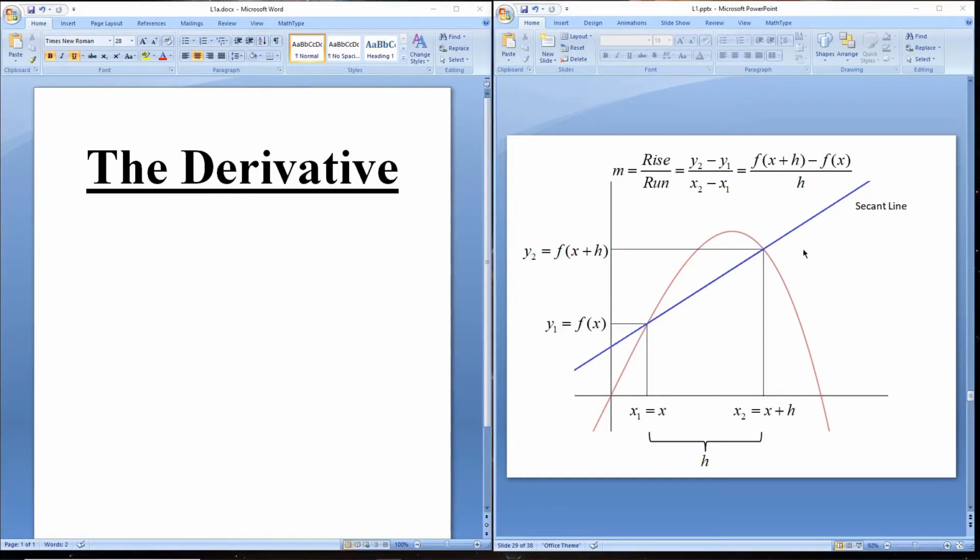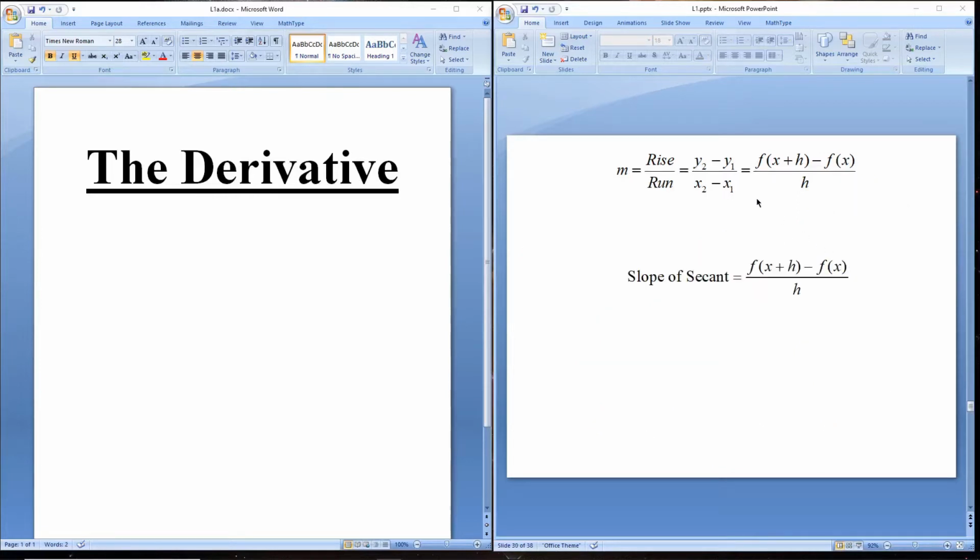So let's take a look at what we have here. We've got what you've seen from algebra, rise over run, y2 minus y1. And then what I just showed you is changing that notation. This notation still means the same thing, it's just different notation.